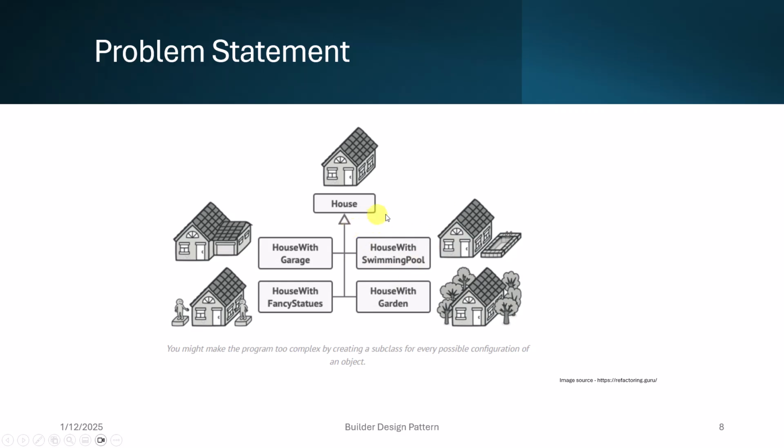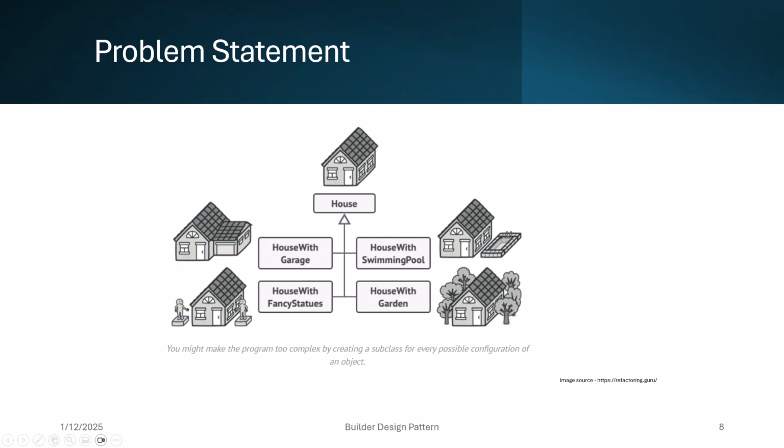Now there is another approach we can use, which is we can create one big constructor where we will have all the properties or parameters passed into that constructor for the base house class that controls the house object. With this approach, we eliminate the need for subclasses, but it creates another problem.